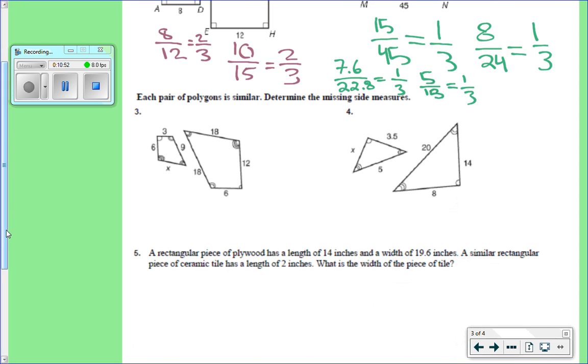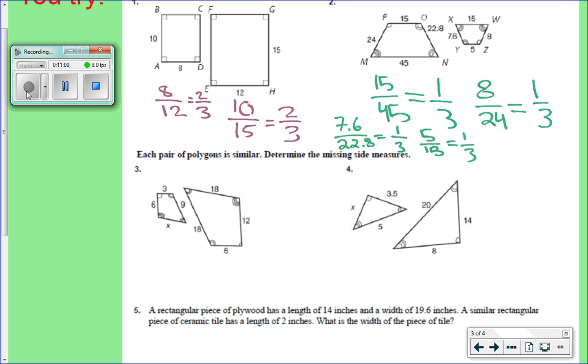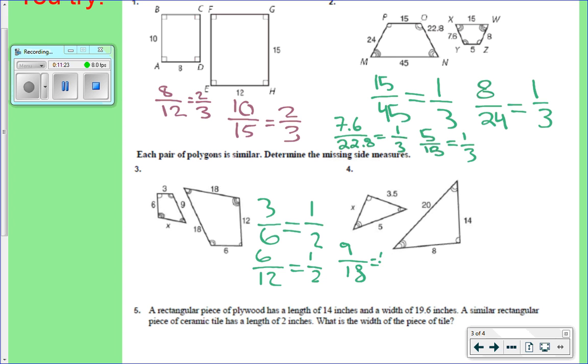Nikhil, number 3, please. Good. X equals 9.